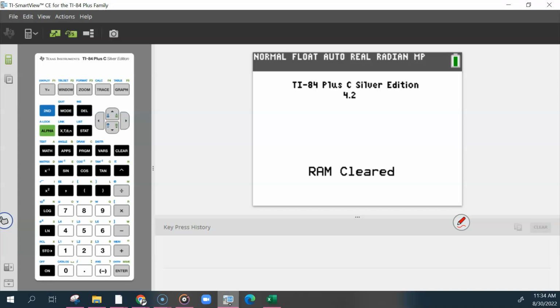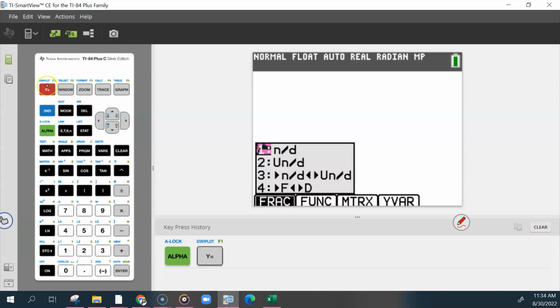Go into alpha y equals. So alpha should be in green, y equals is up at the top. Once you do that, this menu should pop up. And you're going to choose the first one, n over d, that's your numerator over denominator. You can hit 1 or you can hit enter.